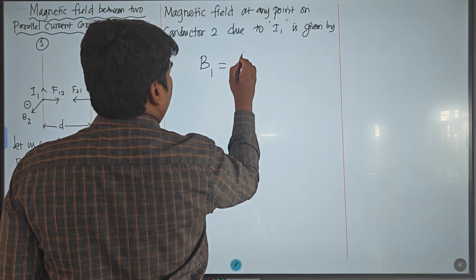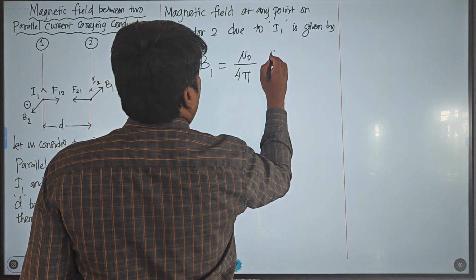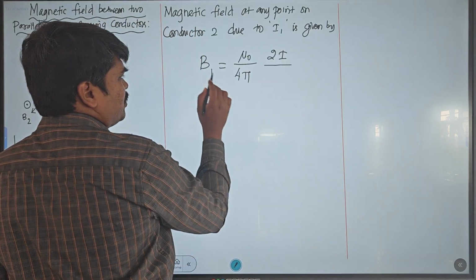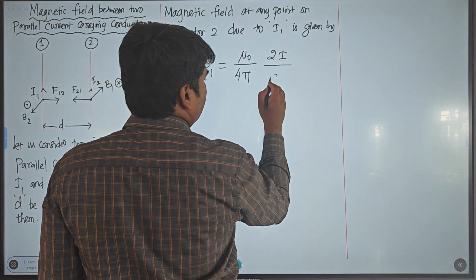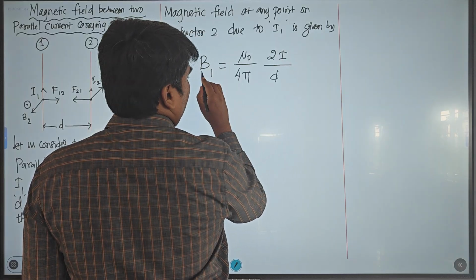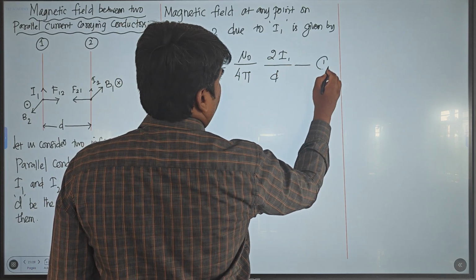That will be equal to mu naught by 4 pi into 2I by R. It is generally B equals mu naught by 4 pi into 2I by R. Since here the distance of separation is D, we will take D, and the current that produces this magnetic field is I1. So I will take this as equation 1.